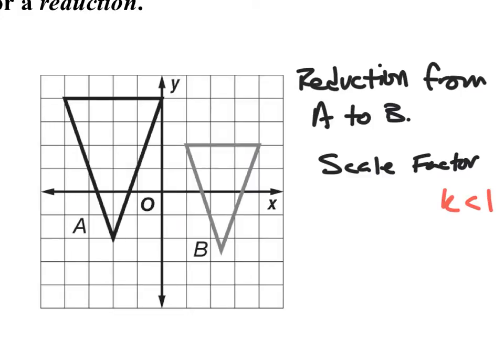I'm going to label one of the lines on part A with red and call this 4. The other one on B, I'll label blue, and that's a length of 3. My scale factor has to be less than 1, so I need a ratio using these two numbers that will be less than 1. If I take 3 divided by 4, that gives me 0.75, which is less than 1. So I'm going to choose a scale factor of 3/4. Your scale factor is just a ratio of numbers.